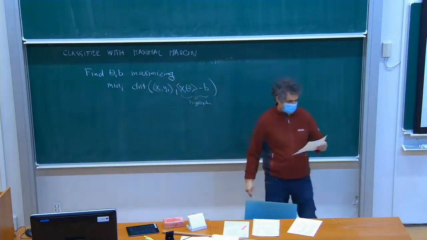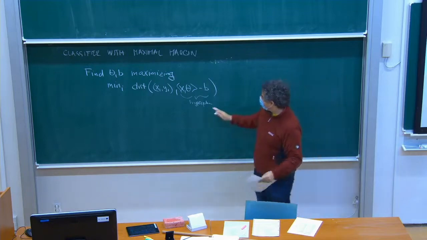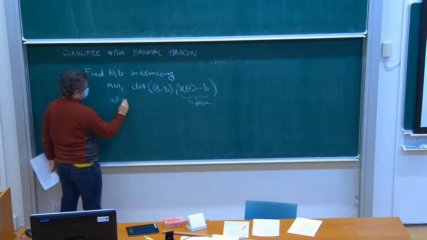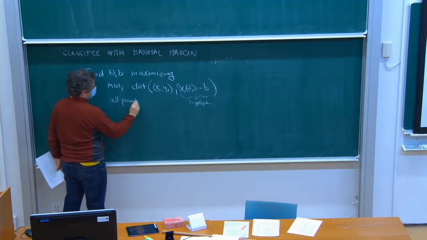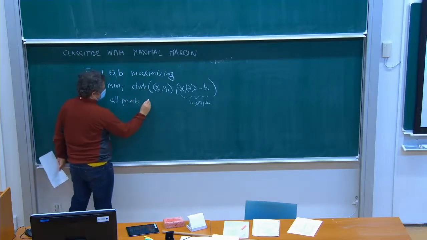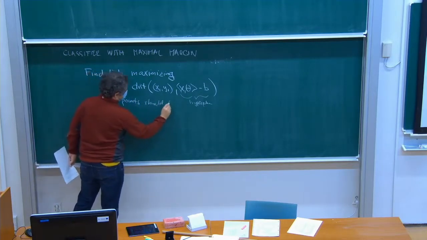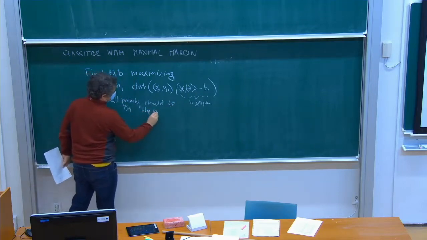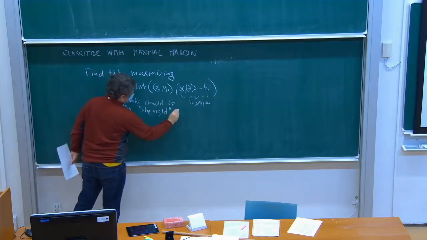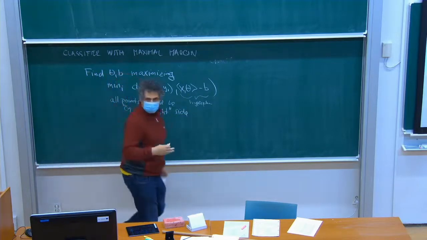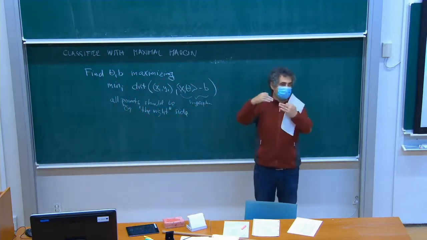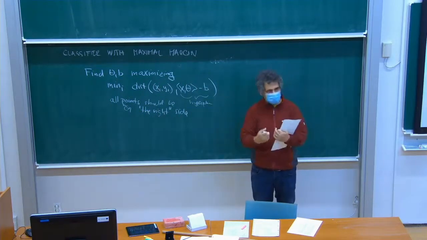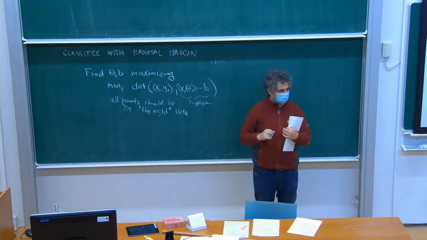Something like this. And also, I want all points to be on the right side. So all the points should be not only as far as possible from the hyperplane, but they should also be on the correct side of the hyperplane.